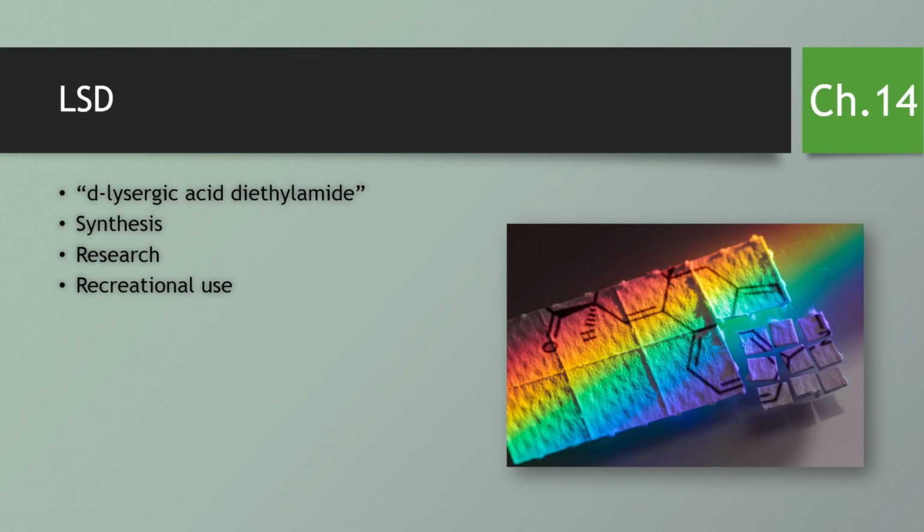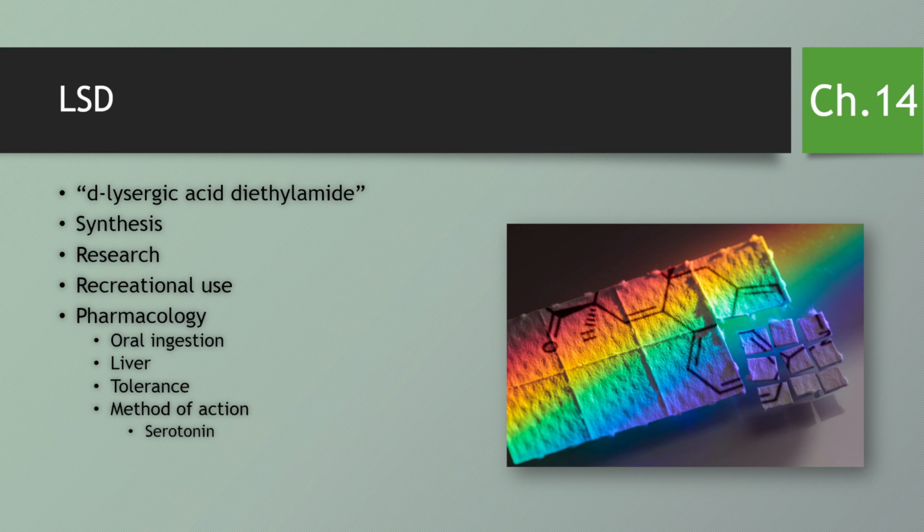The recreational use peaked around the late 1960s. So that's why we typically think of the hippie movement, if you will, that existed in the 60s and 70s. But that peak was right in between those two decades.